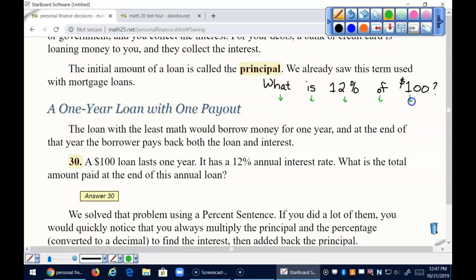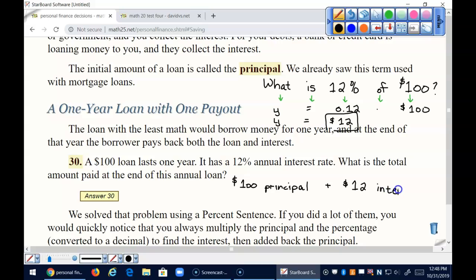But again, if you like the proportion method, that's great. Then you can say, the fee for this loan would be $12. So at the end, we'd have to pay back the 100 that we borrowed. Wouldn't be much of a loan if we just got to keep that. And the $12 of the interest.